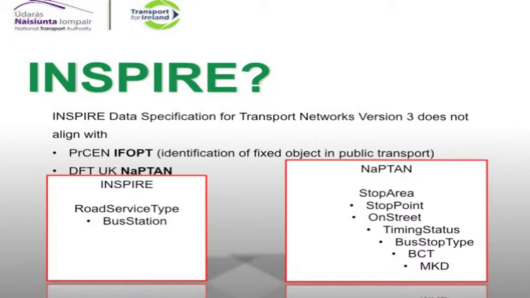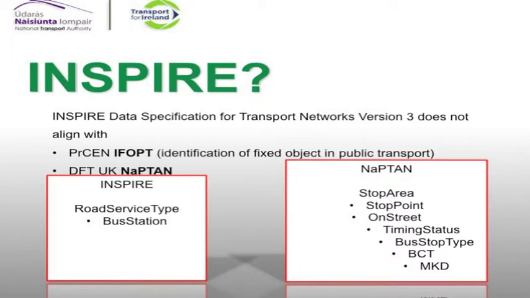One of my colleagues from DIT is here, and he wrote this masterpiece thesis on Inspire and NaPTAN, and I'm afraid what I know about it probably fits on this slide here. But what I do know is that Inspire came after IFOPT, or the parent of IFOPT, which is Transmodel. And it looks to me like Inspire didn't take account of these pre-existing standards.